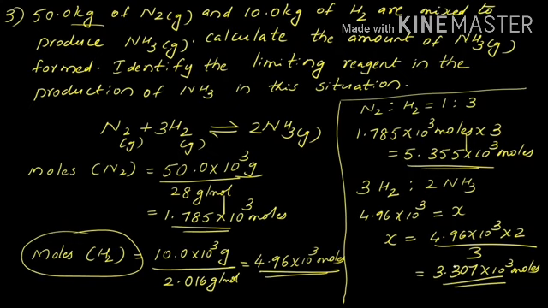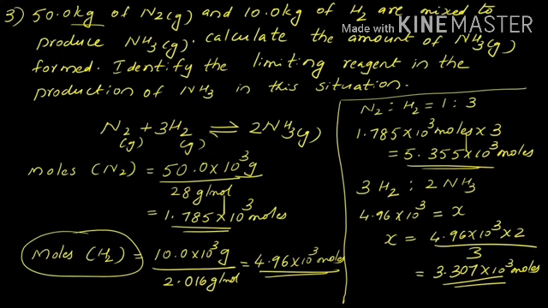Now we got the number of moles of ammonia produced. Actually, we need to find out the amount of ammonia produced. Using the number of moles, we can find out the mass of ammonia produced, right?